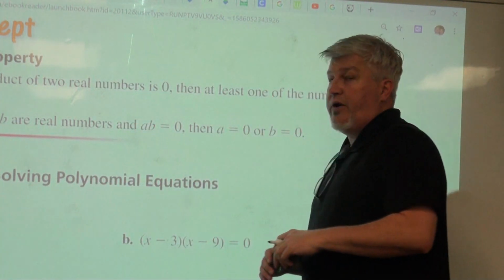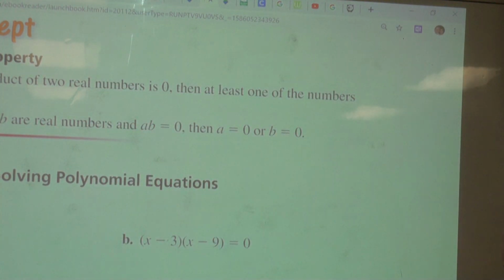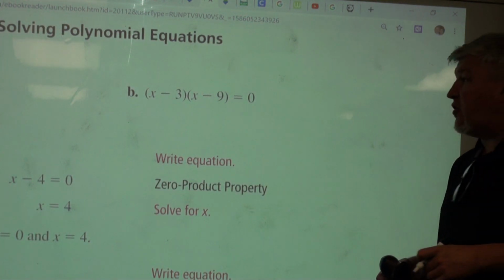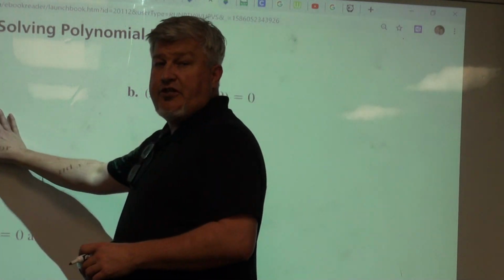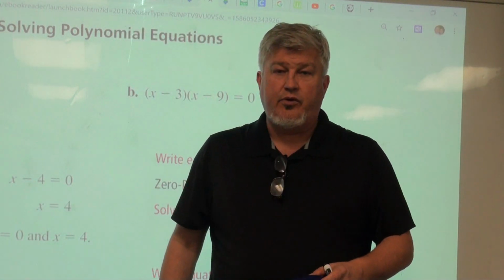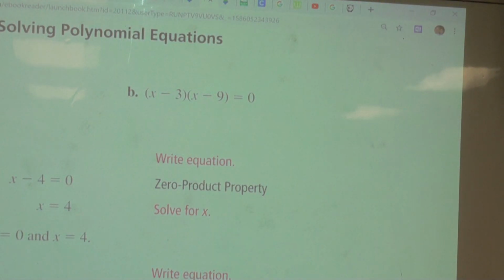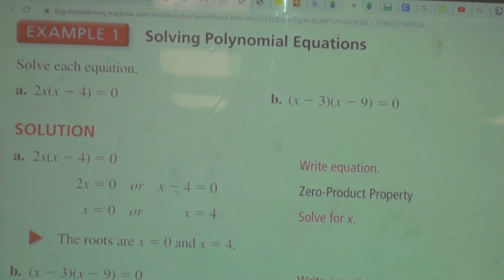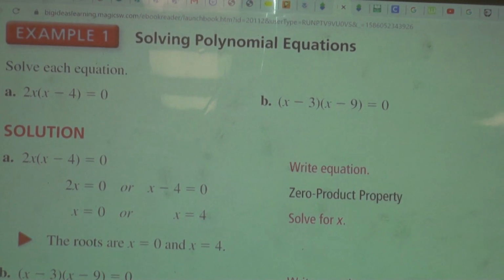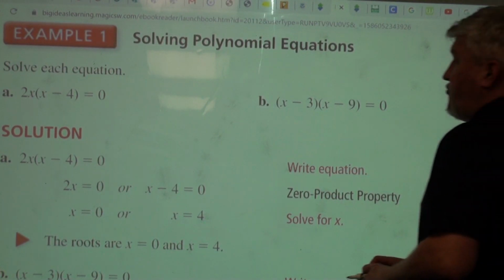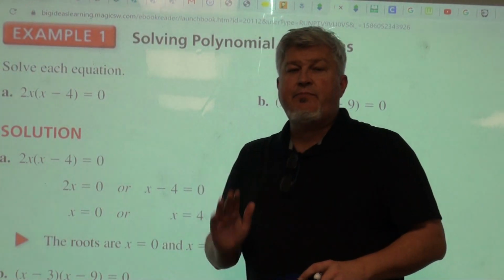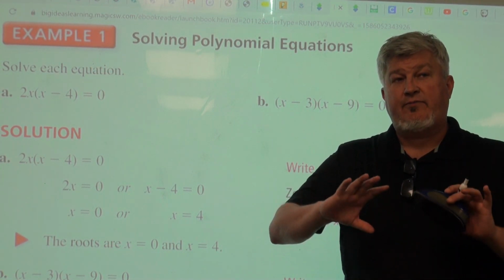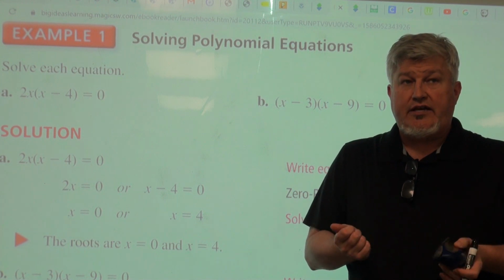All right, so here's our examples. Example number 1, solve each equation. Let me rotate this just a smidge. In this first equation on page 378, it says 2x times (x minus 4) equals 0.